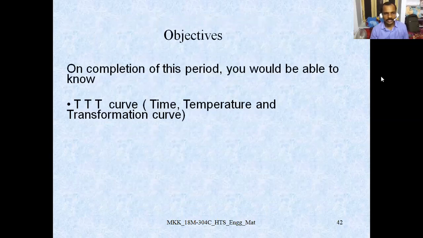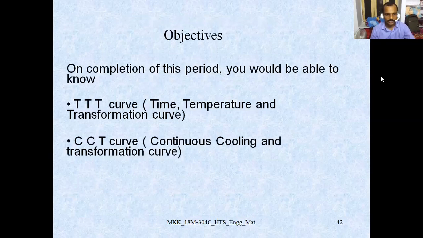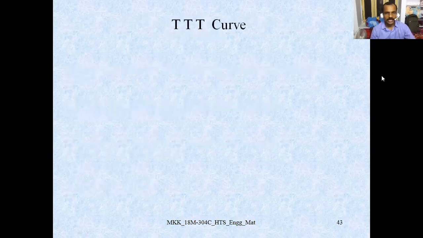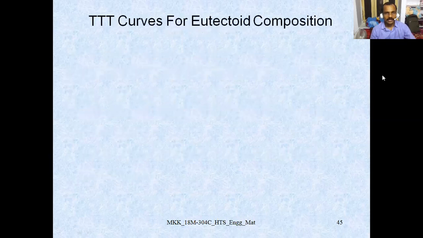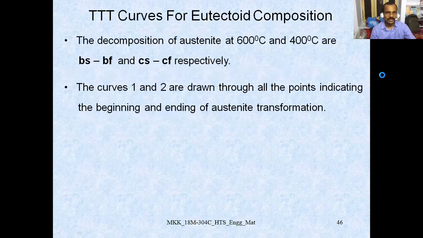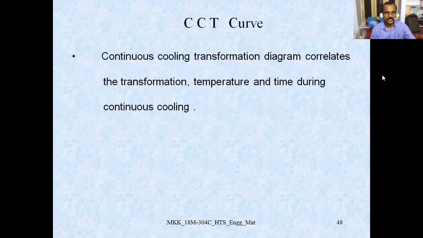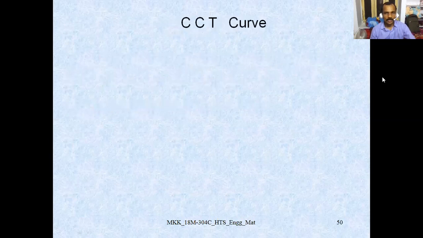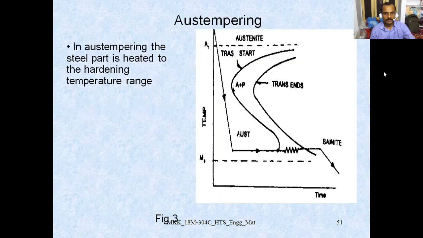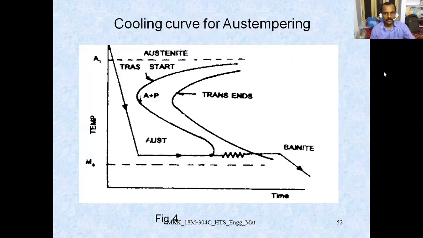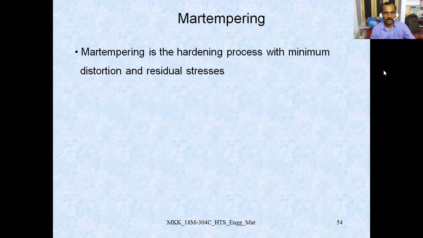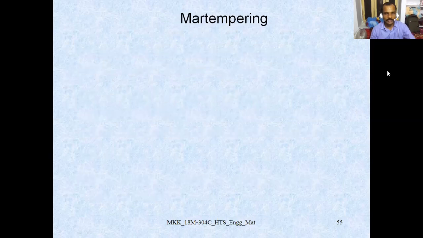Later we moved to the TTT curve, time temperature transformation, and the CCT curve, continuous cooling transformation. Later we entered the other two topics, austempering and martempering. So with this, we are completing all the topics in this presentation.